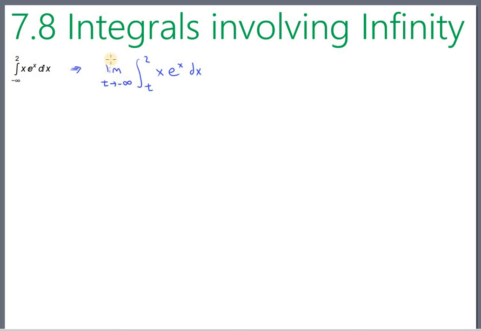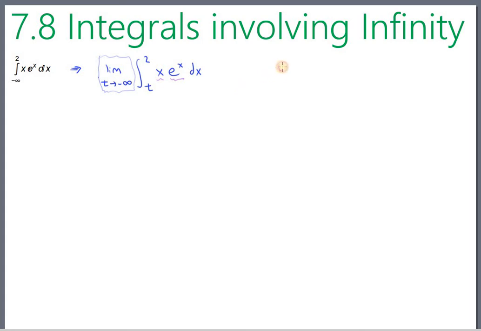Now for the moment, we put the limit part on hold. I'll save that till I'm done integrating. I just integrate this like normal, using t and 2 as my limits. And when I say like normal, it doesn't guarantee that the integral is going to be easy. This, in case you don't remember, needs integration by parts.